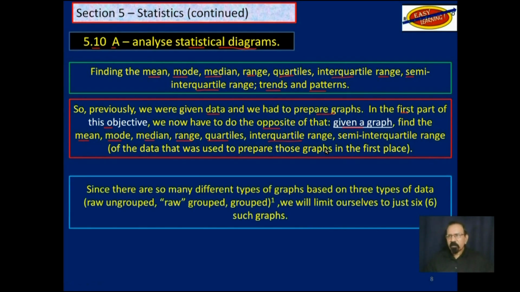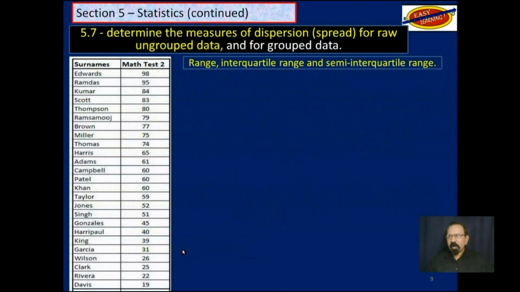the diagram. Since there are many different types of graphs based on the 3 types of data we already considered, raw, ungrouped, somewhat raw, and grouped, we will limit ourselves to just 6 such graphs in this objective. See the next slide as a reminder.